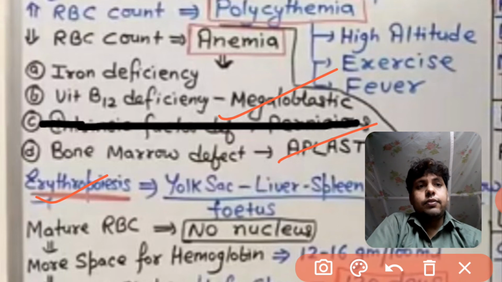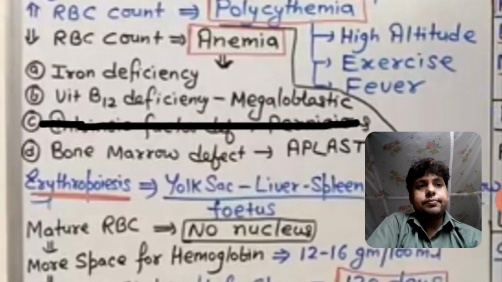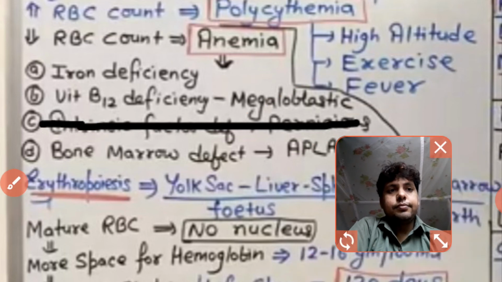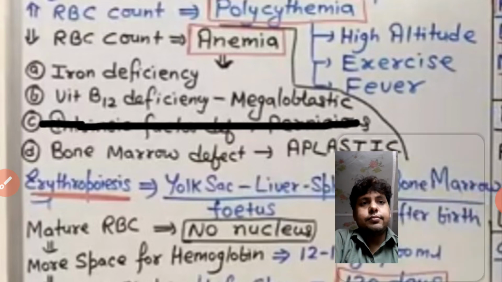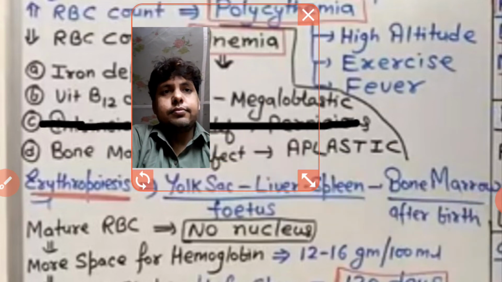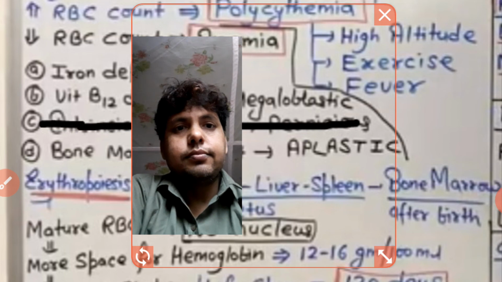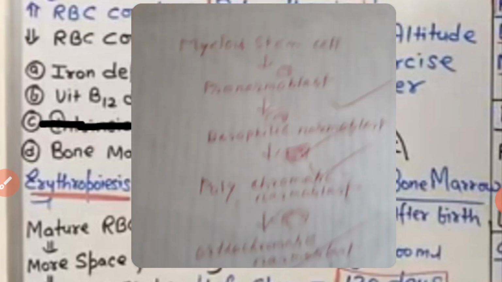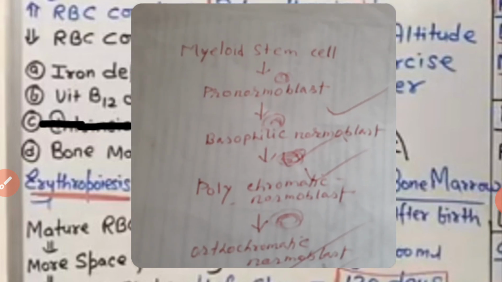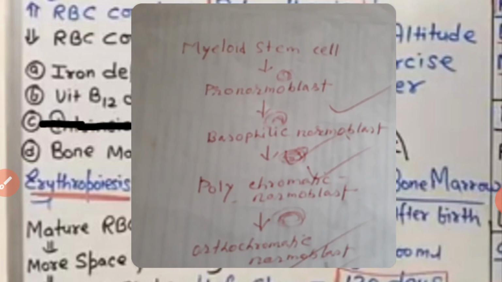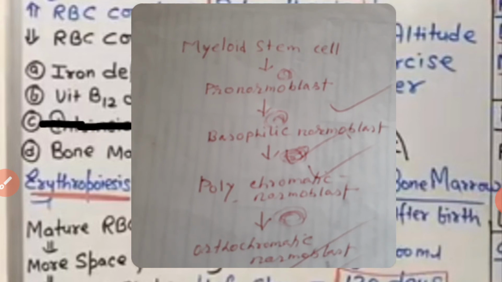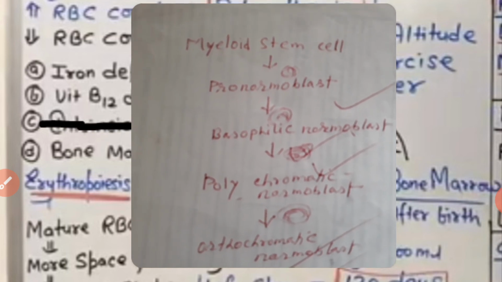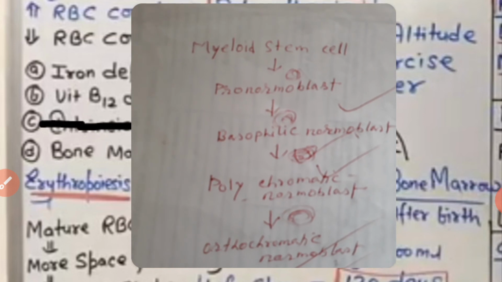Now we are discussing the subsequent stages of erythropoiesis. In the bone marrow, or medulla of bone, there is a hemopoietic stem cell.